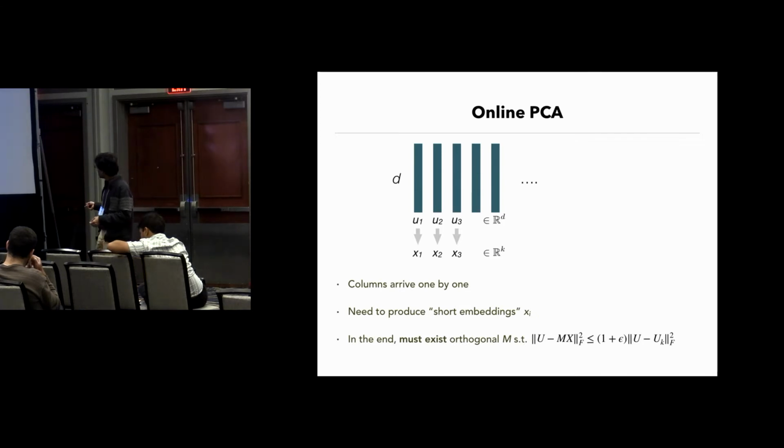And in the end, you must have the guarantee that there is some orthogonal matrix M such that you can interpret these embeddings as embeddings into that basis. And now you must have error that hopefully competes well with the error of the best low rank approximation. Okay? So this is the online PCA problem.